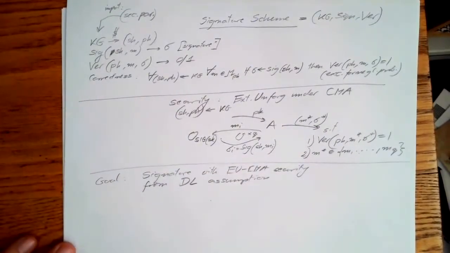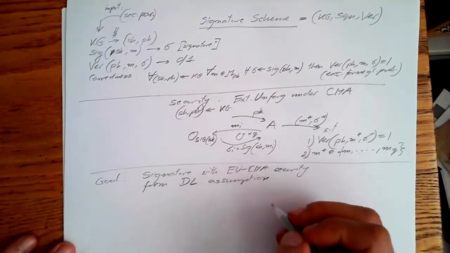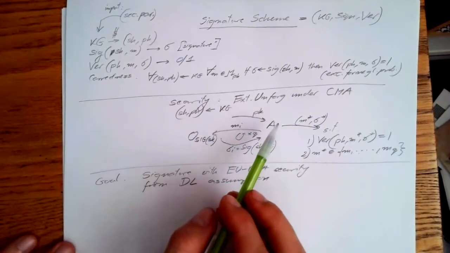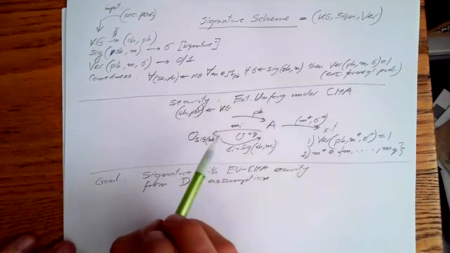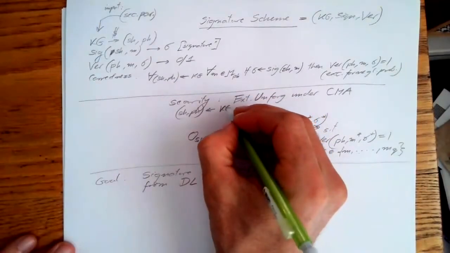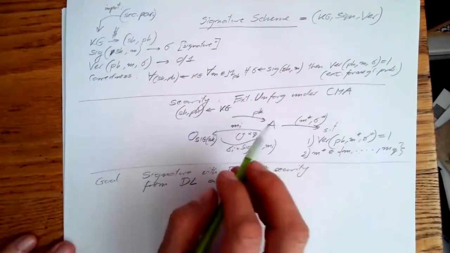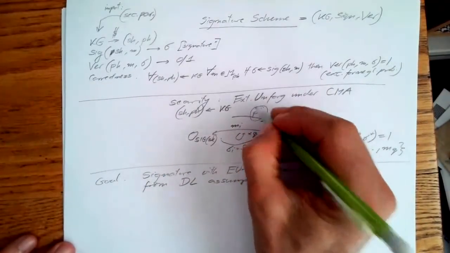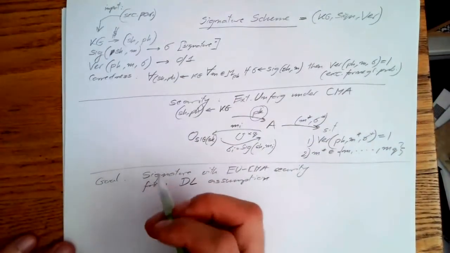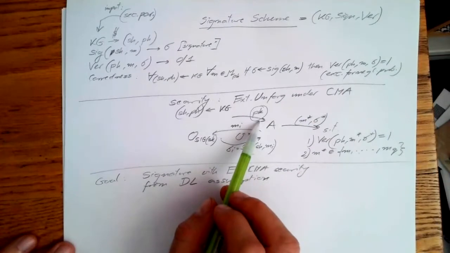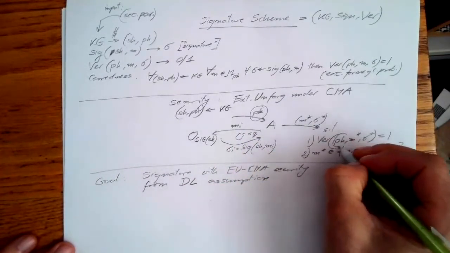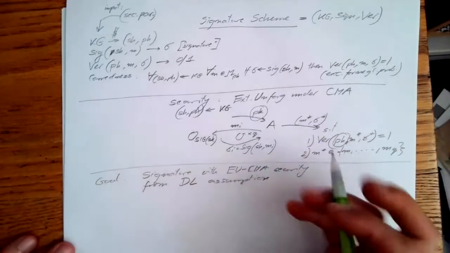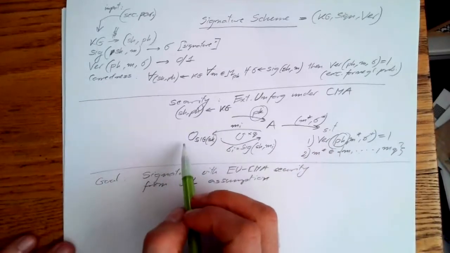Professor? Yes. So far, a signature is just a MAC with a public key? No, that's what we said last time. The difference between a signature and a MAC is the presence of the public key, and the fact that the verification involves the public key. So there is some public way to verify. A MAC had no such thing.